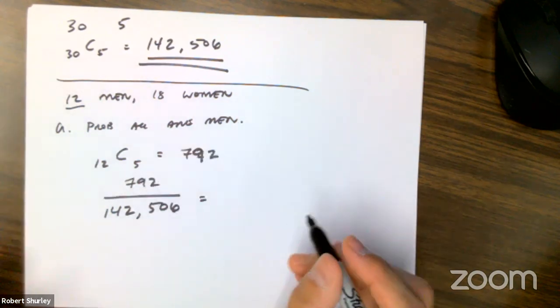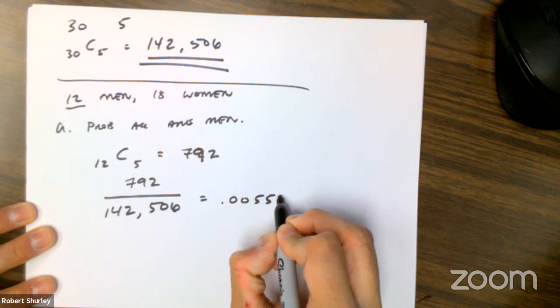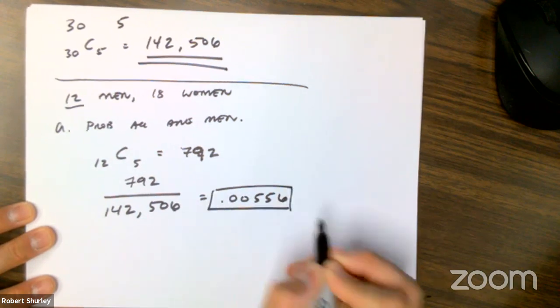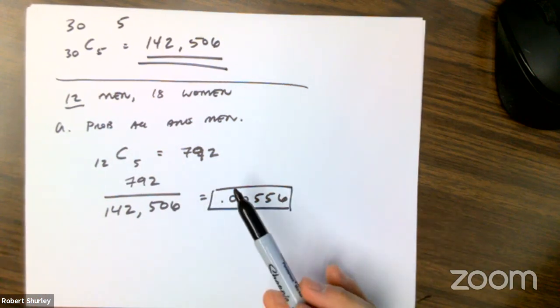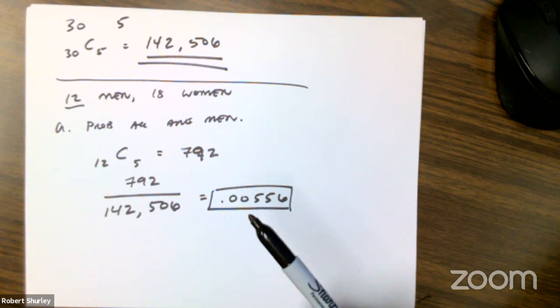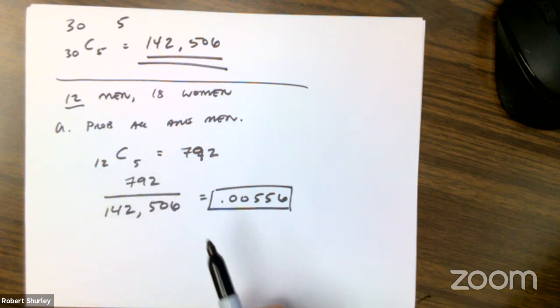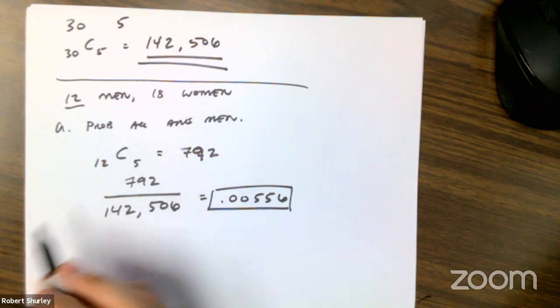Divided by 142,506, we get a slim chance, 0.0055, we'll say 6. So a very slim chance you could have all male or all female, right? If you wanted all female, you would just do 18 choose 5 and do the same thing.